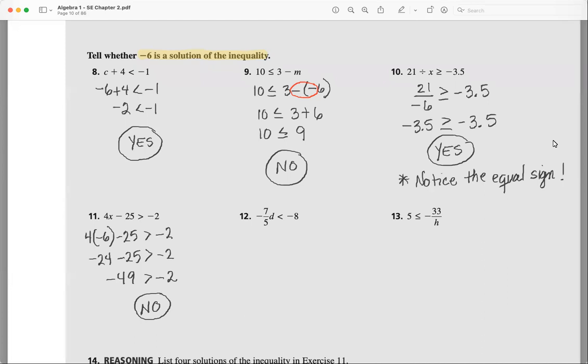On the next one, -7 over 5 times -6 less than -8. 7 times 6, and now this is going to give me a positive number, less than -8, and the answer is no, because positive numbers are always larger than negative numbers, always.